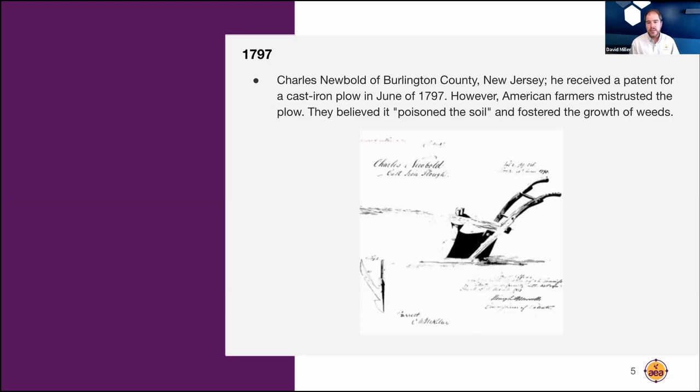That just wouldn't happen until 1797, when the first iron plow was patented. I find it interesting that American farmers mistrusted the plow. They believed it poisoned the soil and fostered growth of weeds. Maybe they should have continued to believe that.